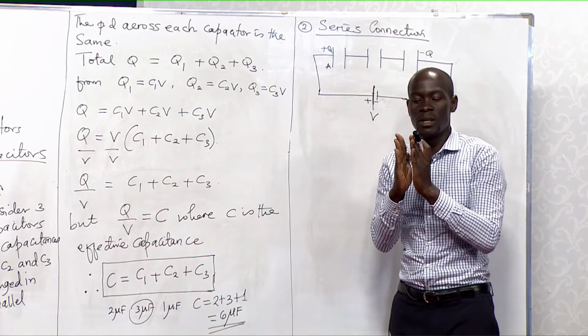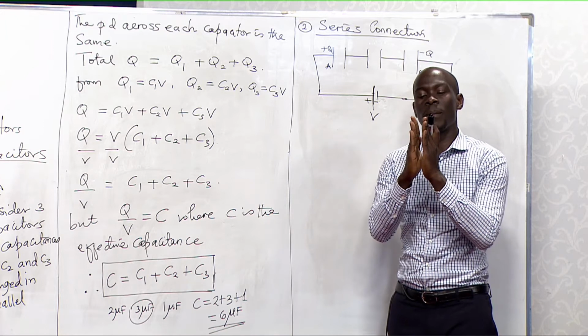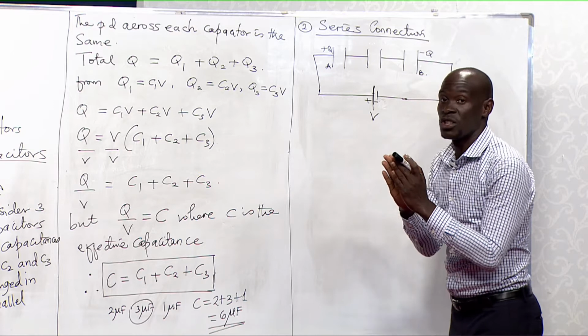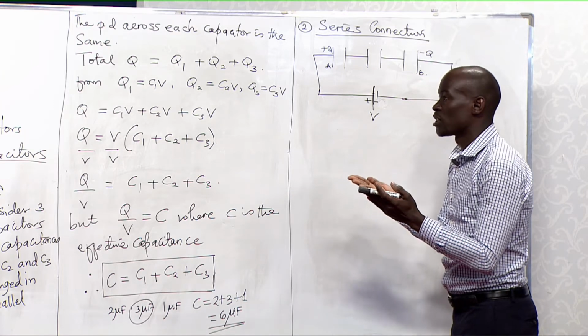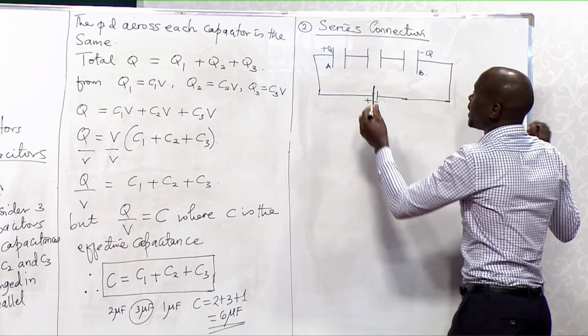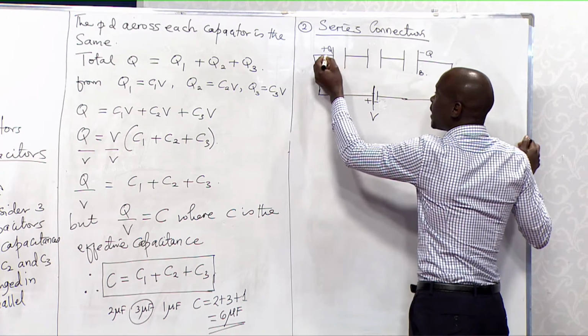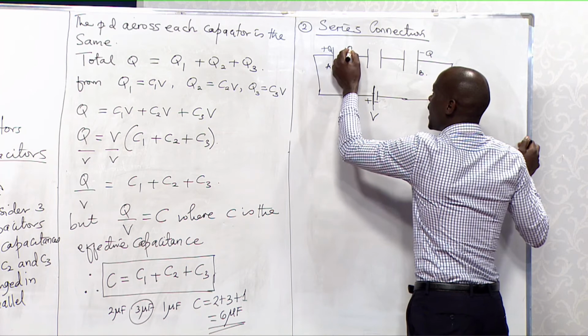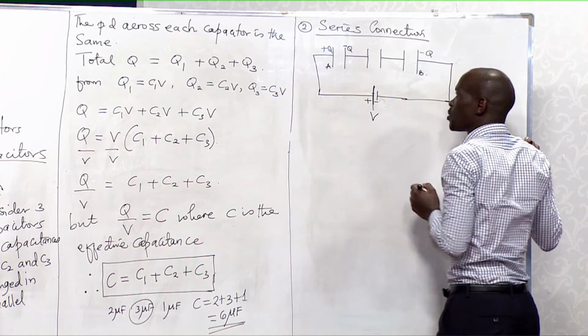If you remember what we said, that they are normally close to each other, the pair plates. By reducing the distance of separation, you'll be doing what? Increasing the capacitance. So you find that by induction, since this is positively charged, this one will be induced by an equal but opposite charge.